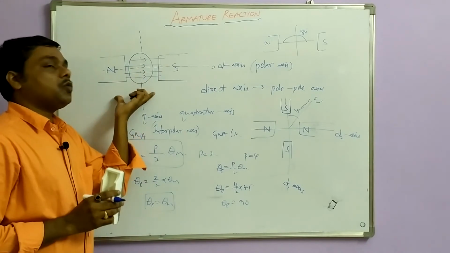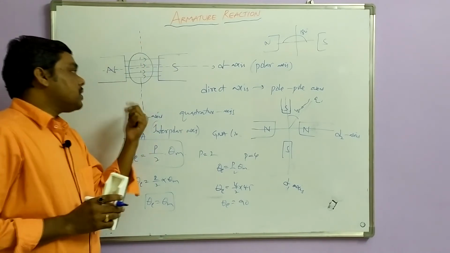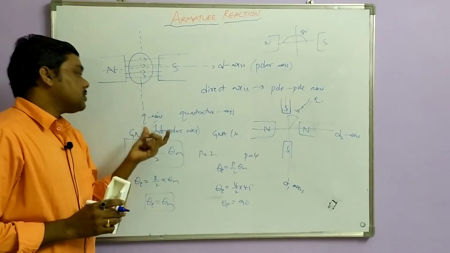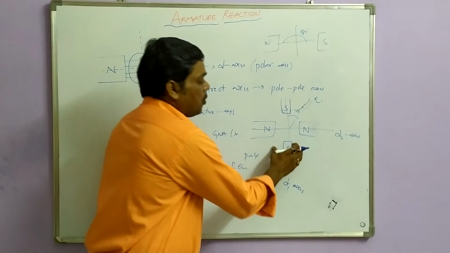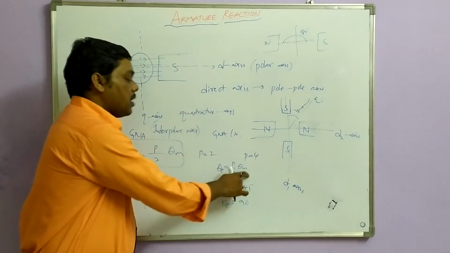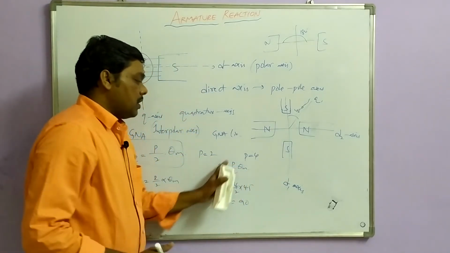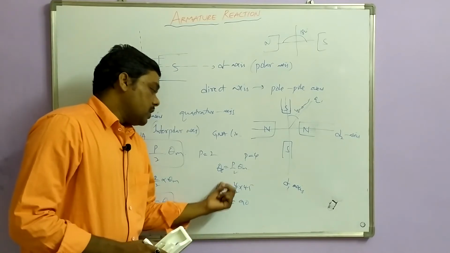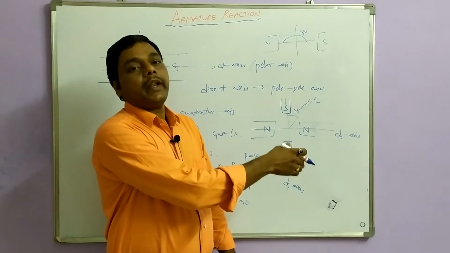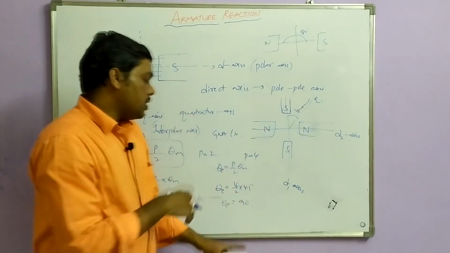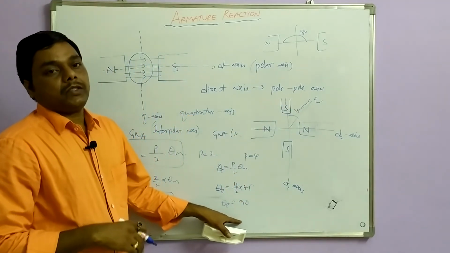So this is a simple 2-pole machine. You can say that this is the direct axis and this is the quadrature axis, and the quadrature axis is along GNA. But for a 4-pole machine, the electrical and mechanical degrees are different. If you take 45 degrees of rotation in the clockwise direction mechanically, it will be equal to 90 degrees electrical.